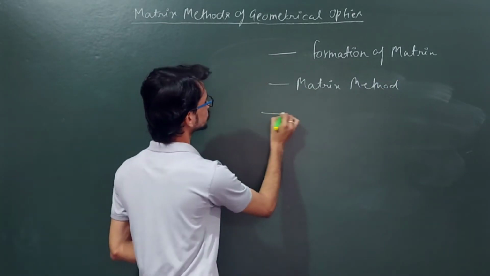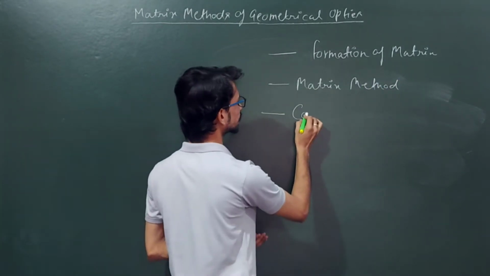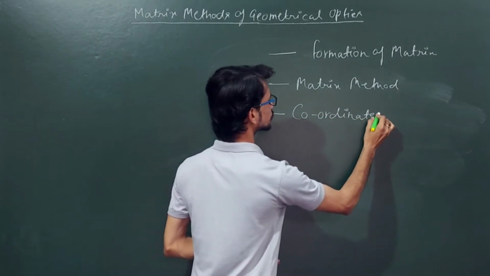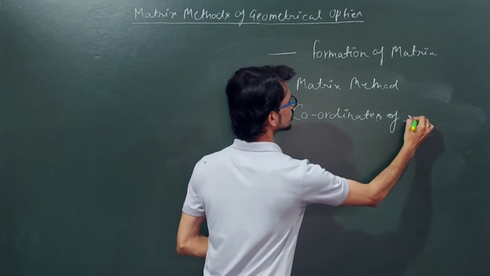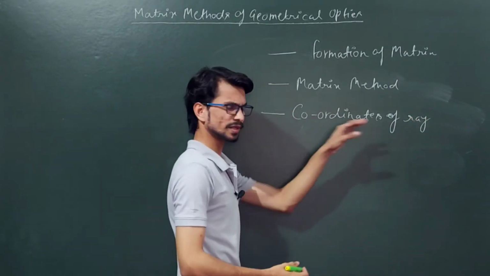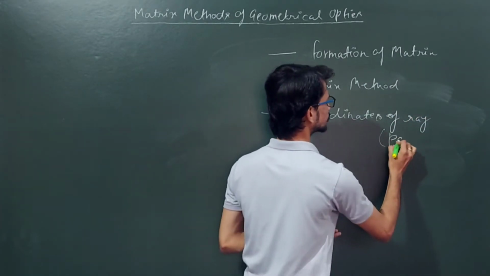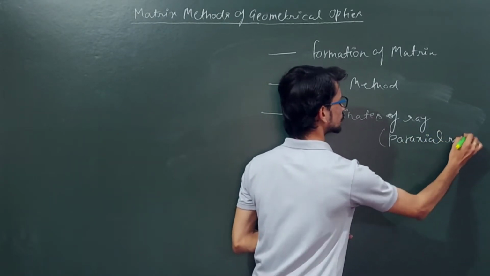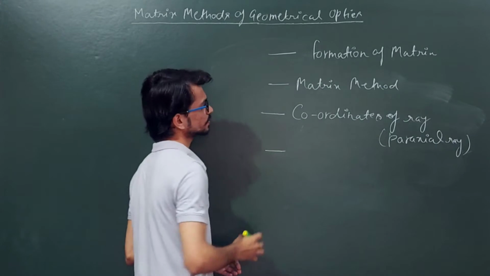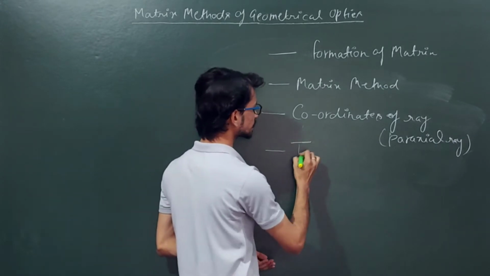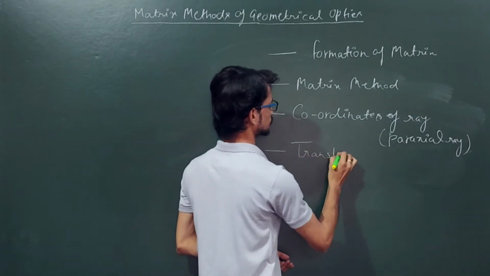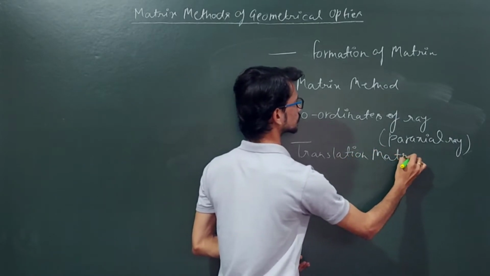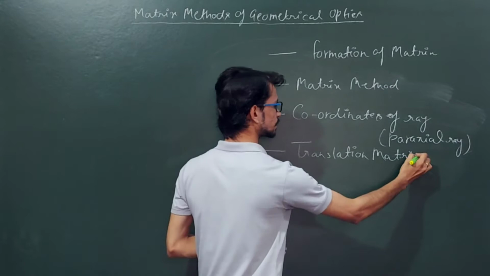And there is the coordinate of array, which can also be written as paraxial array. Next one will be translation matrix, and its determinant.